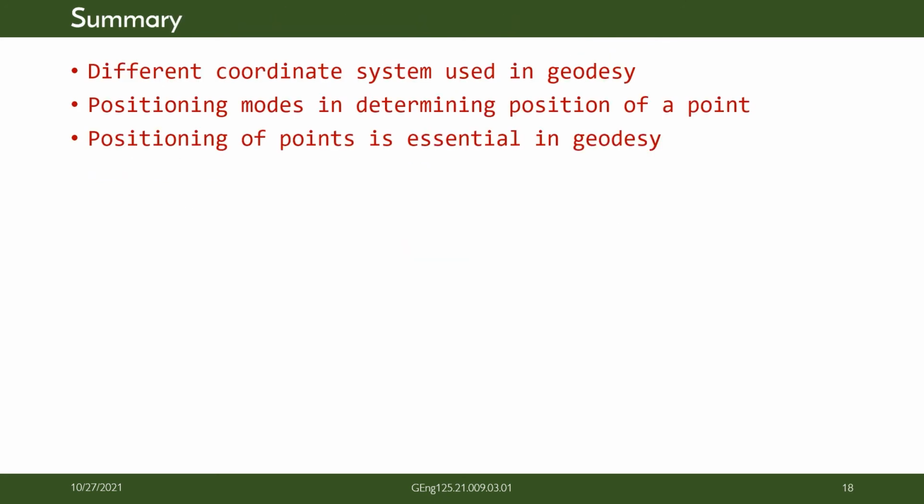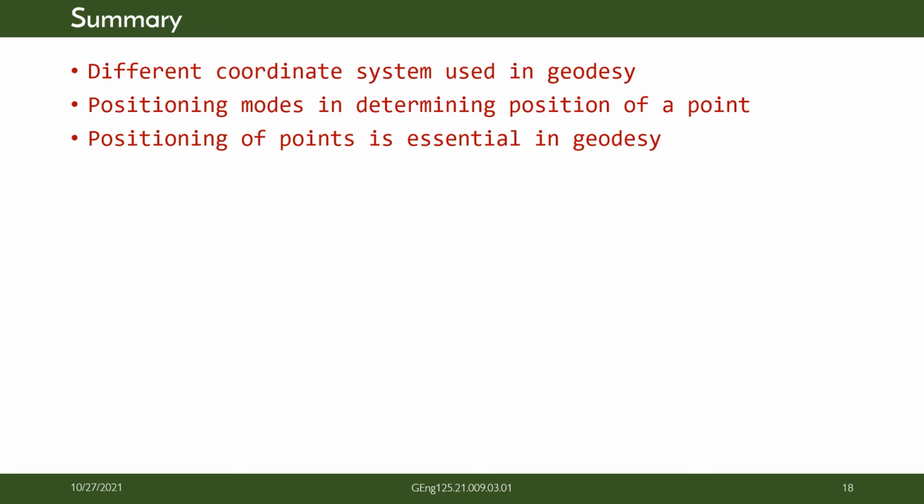As a summary, we already discussed the different coordinate systems used in geodesy. We have the Cartesian, the Geodetic coordinate system, and the local coordinate system.